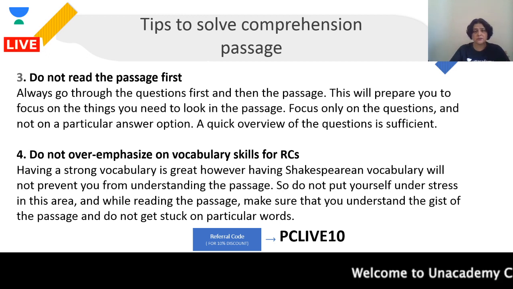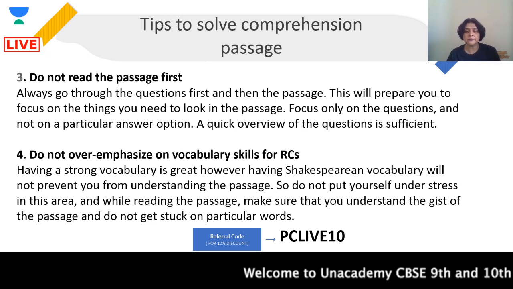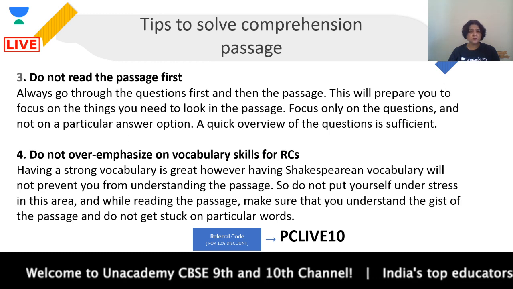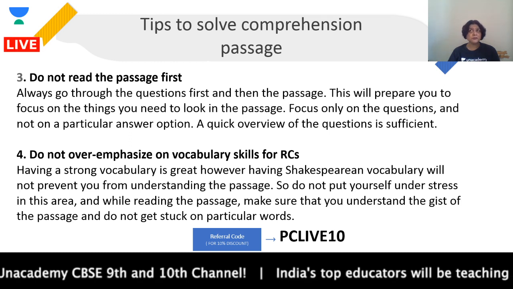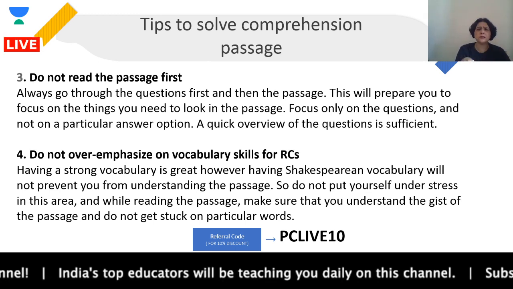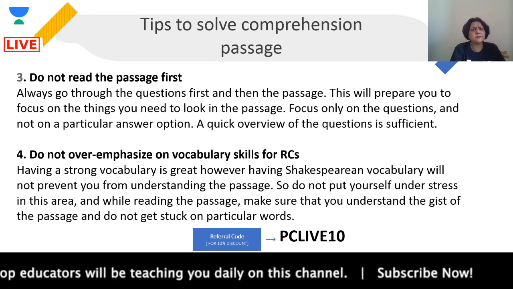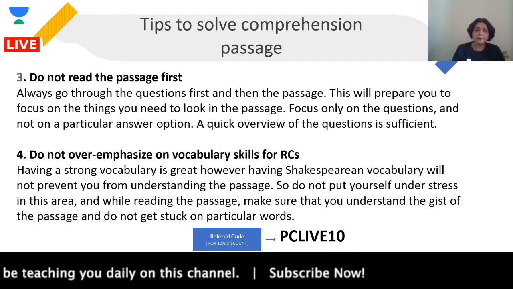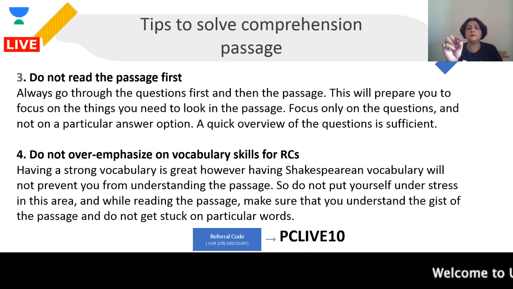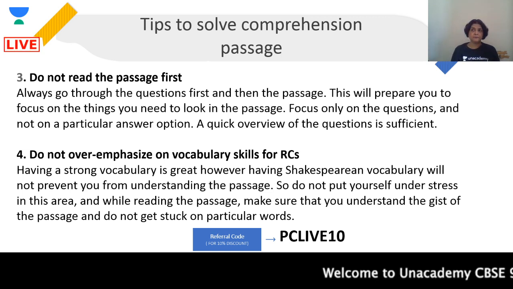ज़्यादा stressed होने की ज़रूरत नहीं है passage पढ़ते पढ़ते. Make sure you understand the gist of the passage and don't get stuck on particular words. If that particular word is not asked, fine, though certain words from the passage may be asked. You may be asked, according to the passage, what does this particular word mean?